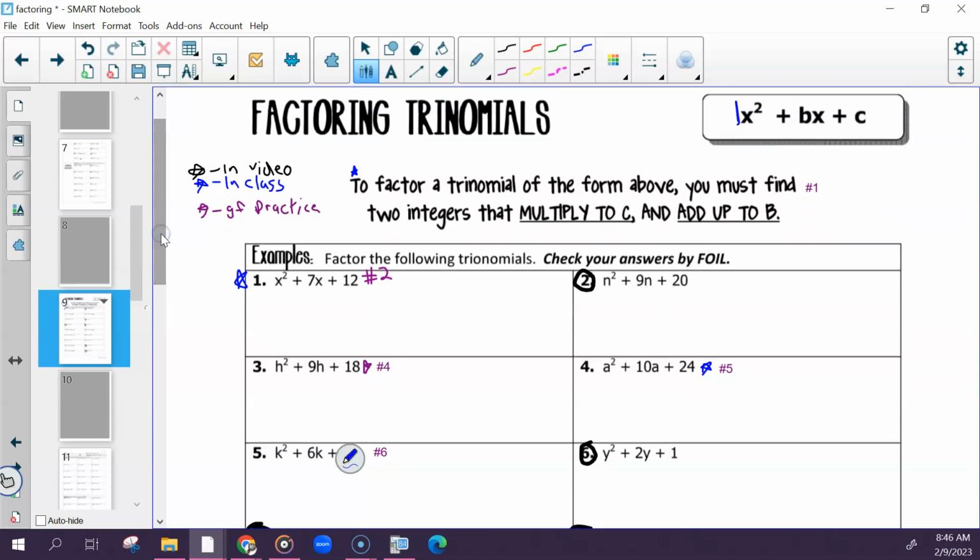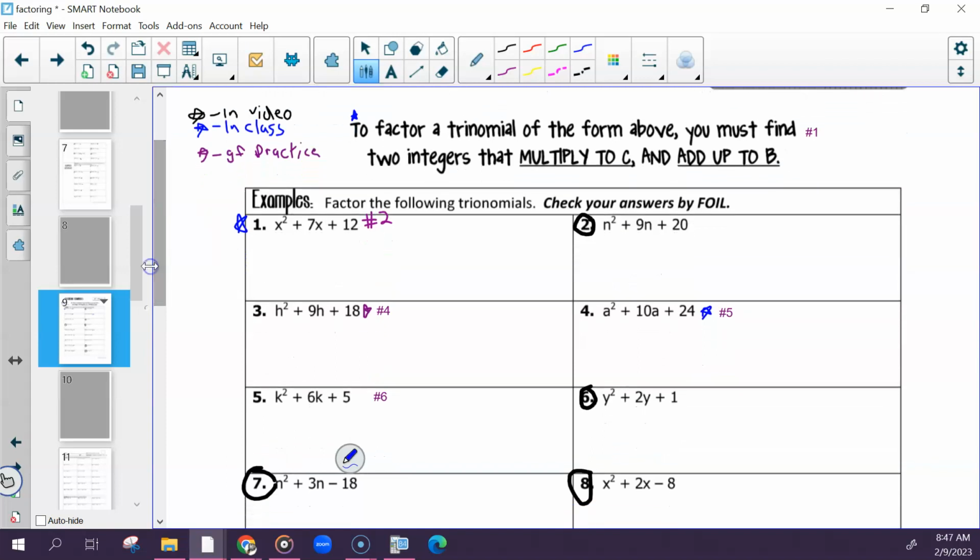And we're trying to find our 2 factors like we have been. How we do that is we find 2 numbers that multiply to be whatever C is, and then from that, we figure out how they would add up to be B. So let's do some examples. There are also some side rules that may help you remember what you should be looking for, and we'll talk about those too.